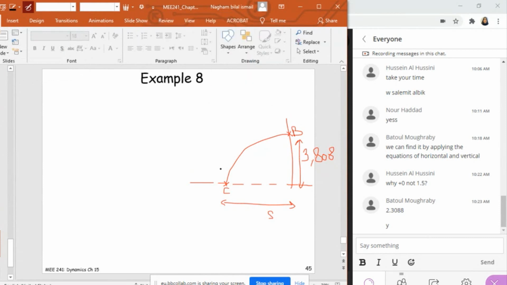Do you want to take it at B or at C, guys? So the motion starts from here. I know VB1. In fact, VB1x is negative. VB1y is positive. So this is the initial velocity of this projectile motion. Right, so the curve should have this shape. Okay, so where do you want to take, guys, the reference? Do you want to take it at B or at C?